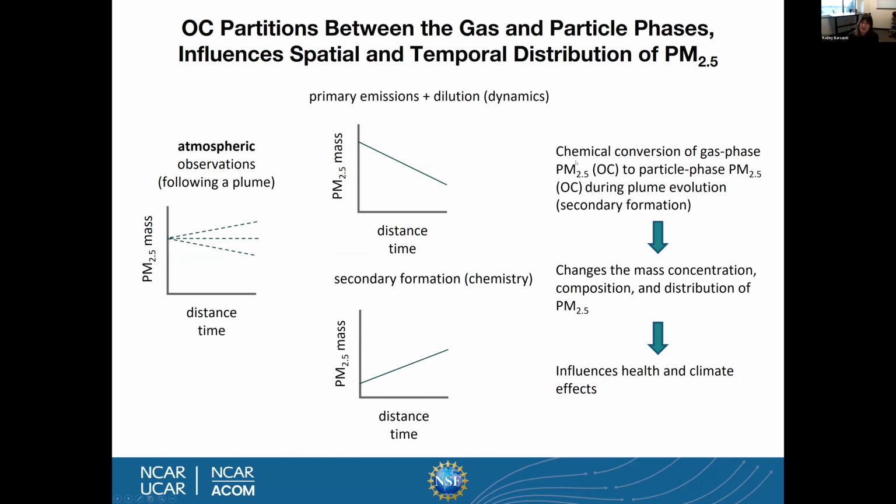It's really not fair to say gas phase PM 2.5. It's really better to say gas phase aerosols, but just to be consistent with the terminology here. The bottom line is we have this conversion between gas and particle phase organic carbon. It changes the concentration and composition, and really that influences the health and climate effects.